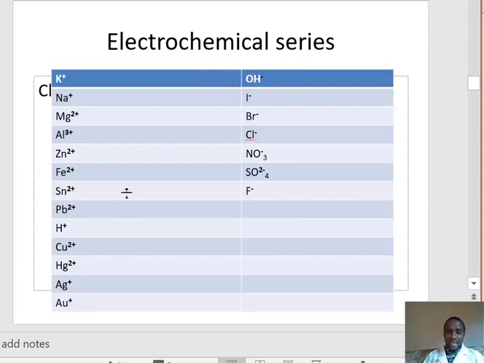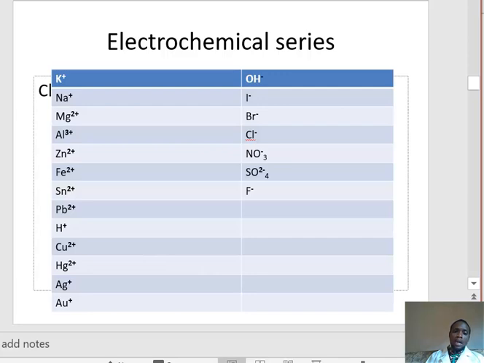Electropositivity increases up the table, decreases down the table, while electronegativity increases down the table, decreases up the table. So the less electronegative are up, while the less electropositive are down. Also, the higher electropositive are up, while the lower electropositive are down.